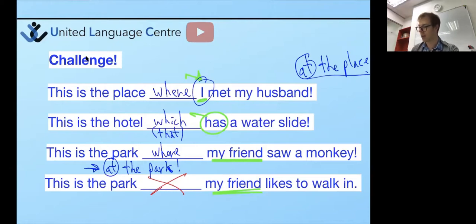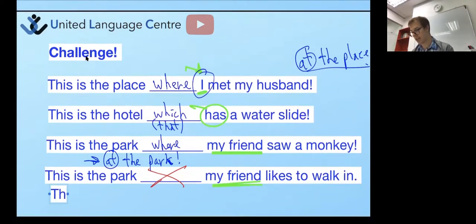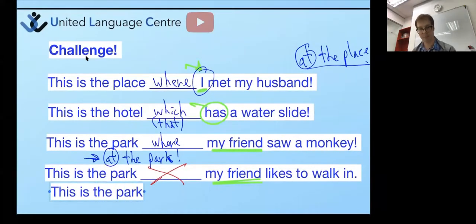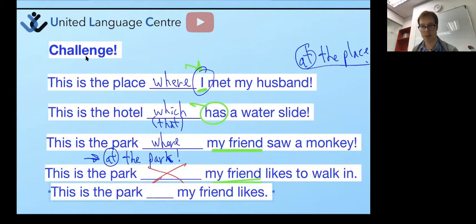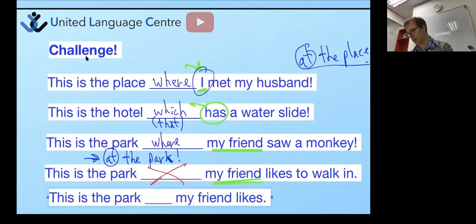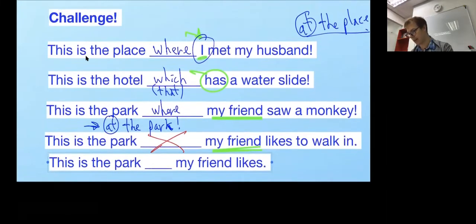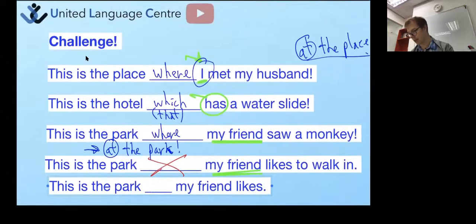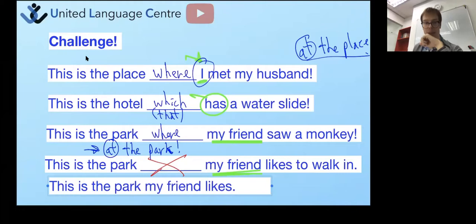Or I'll make one more bonus version of this same thing. If I say this is the park my friend likes. Simple version of this same sentence. Again, I can remove it. This is the park my friend likes. That's okay.